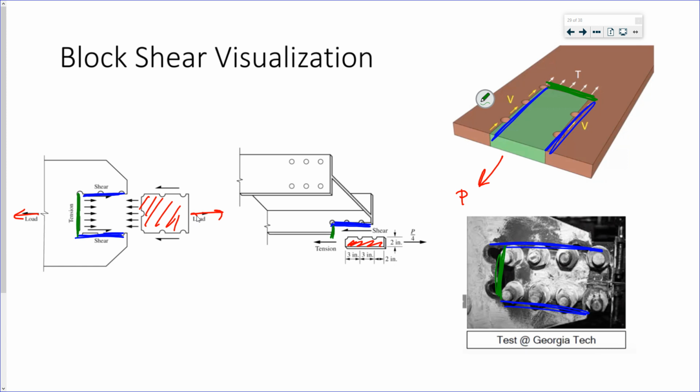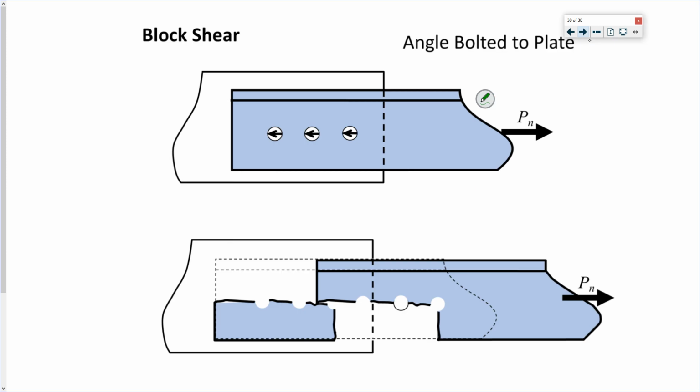So let's look at if we have an angle. This is looking at it in plan. So this is my leg that's sticking up. If we have an angle bolted to a plate and we apply a load, let's look at a potential failure mode, or limit state: block shear in your angle.